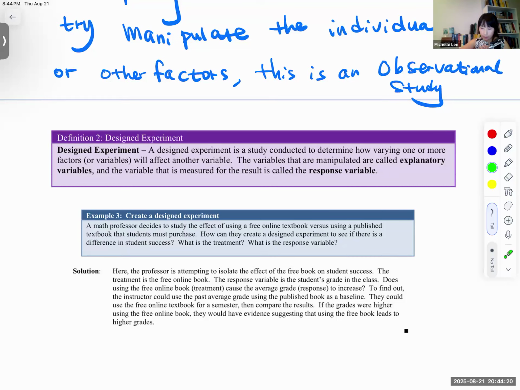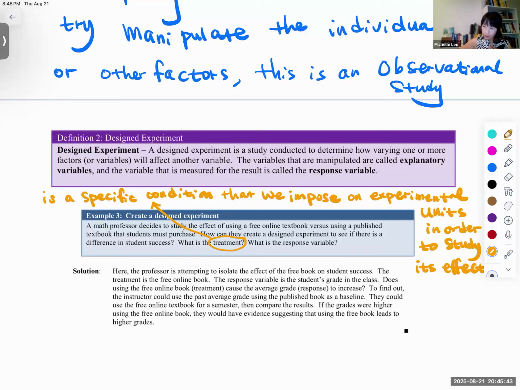Okay. So I didn't introduce treatment earlier. So treatment, let me write down here. Okay, so I wrote down this one. So what is a treatment? A treatment is a specific condition that we impose on experimental units in order to study its effect.